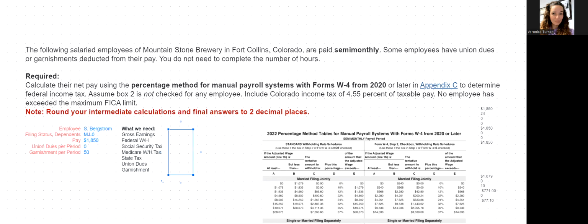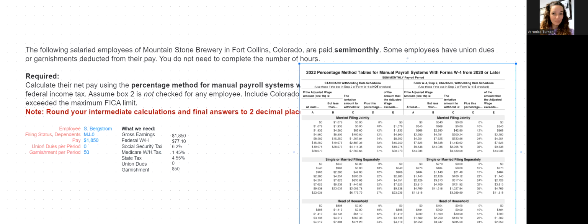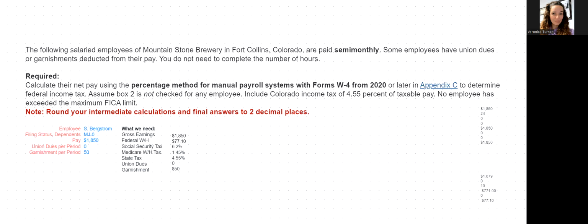So now we know his gross. Well, we've known his gross, 1,850. So now comes the fun part, calculating. I'm going to delete this. If you need me to show you it, guys, again, just send me an email and I'll tell you which pages you can find all these on. But I just want to be able to show you your problem.